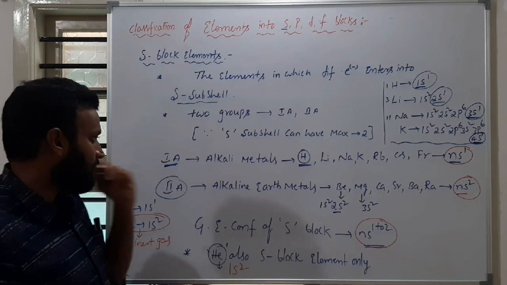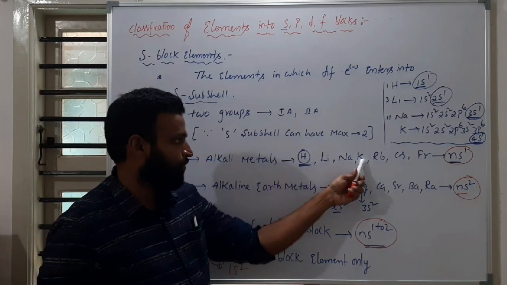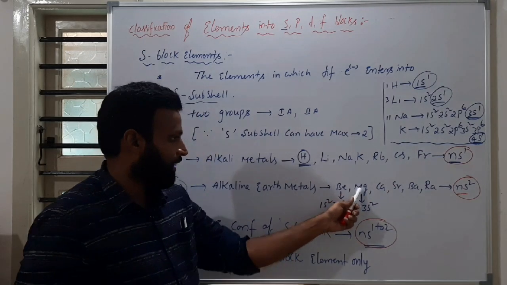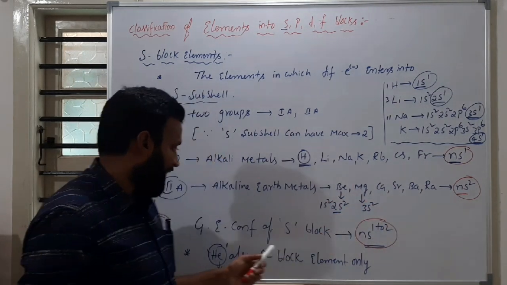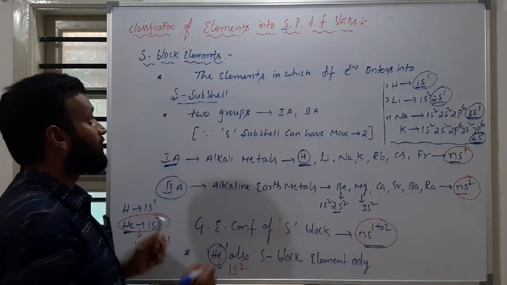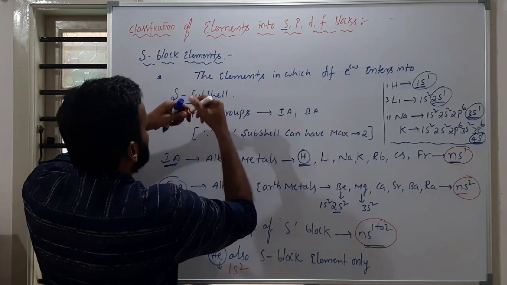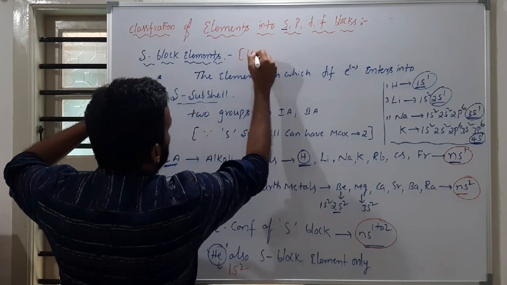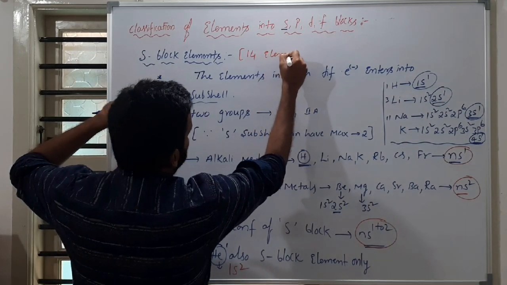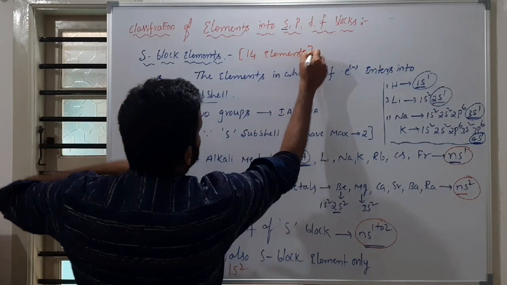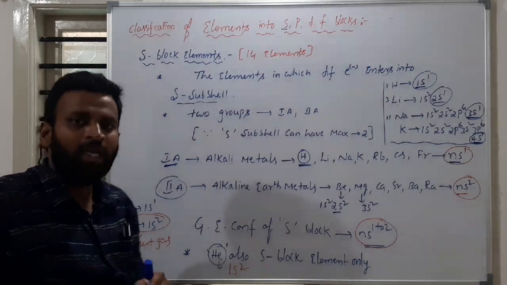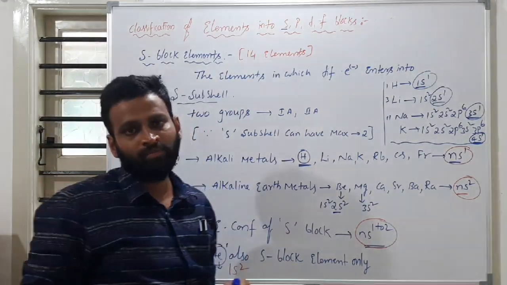So how many s block elements? 1, 2, 3, 4, 5, 6, 7, 8, 9, 10, 11, 12, 13, and with helium a total of 14 elements. Very important: a few people will think 13 because they won't consider helium.